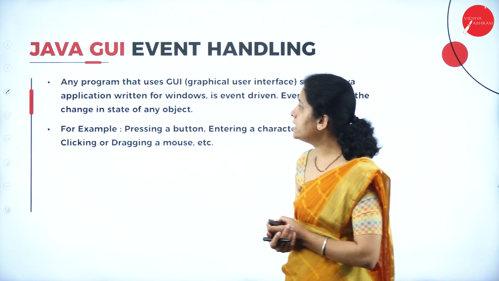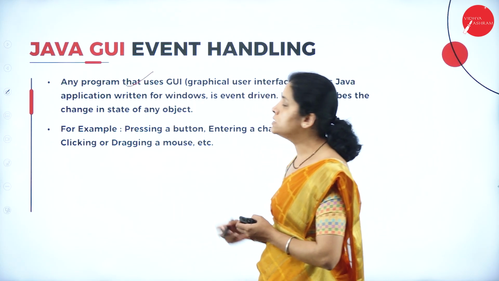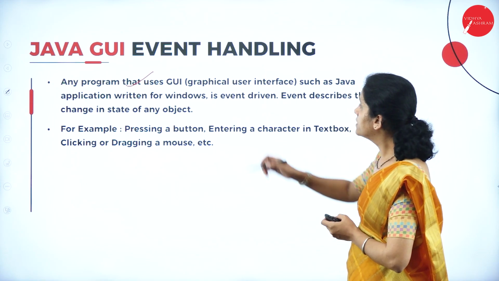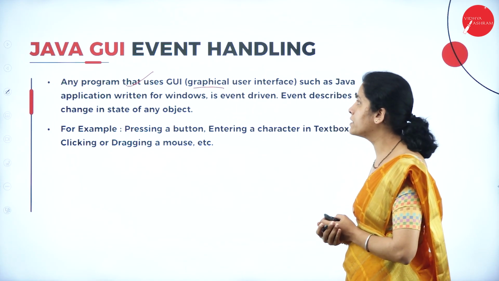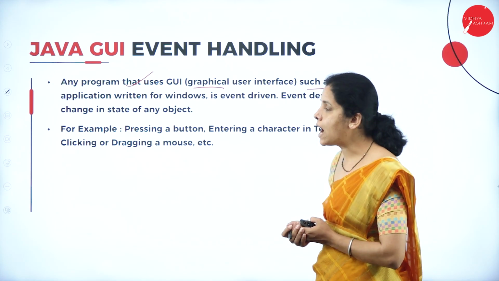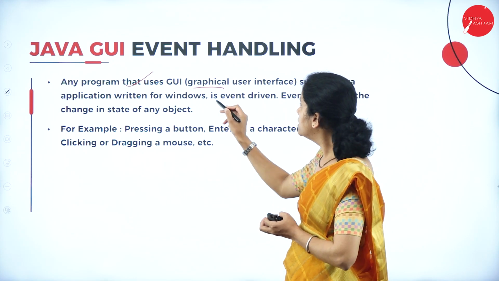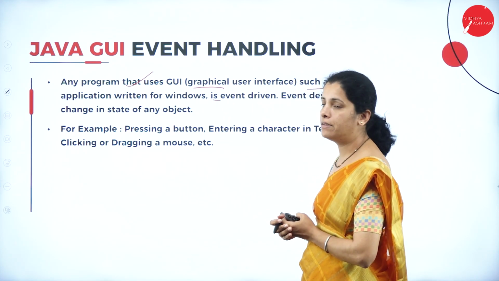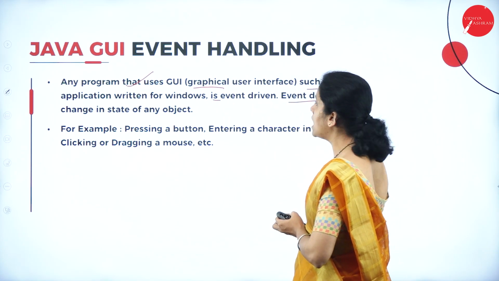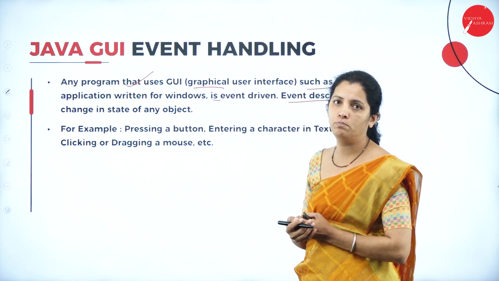So dear student, if I consider any program that uses GUI, such as Java application written for Windows, it is event driven, and event describes the change in state of any object.